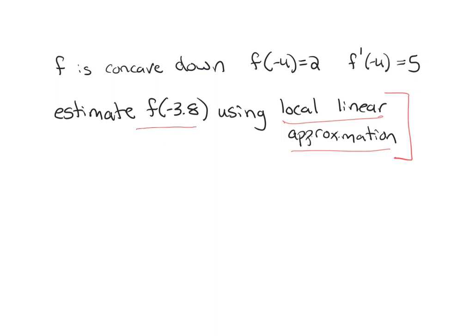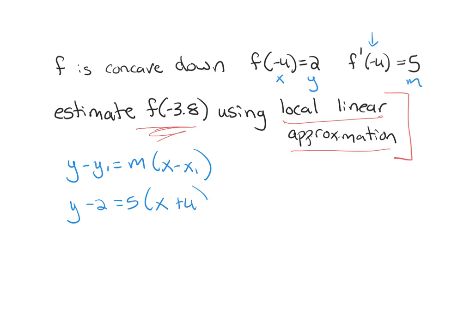So when you see this, that means find the tangent line and use the tangent line to approximate values of the function. Okay, so here's our x, here's our y, and because this is the derivative, here's our m. So y minus 2 equals 5 times x plus 4.